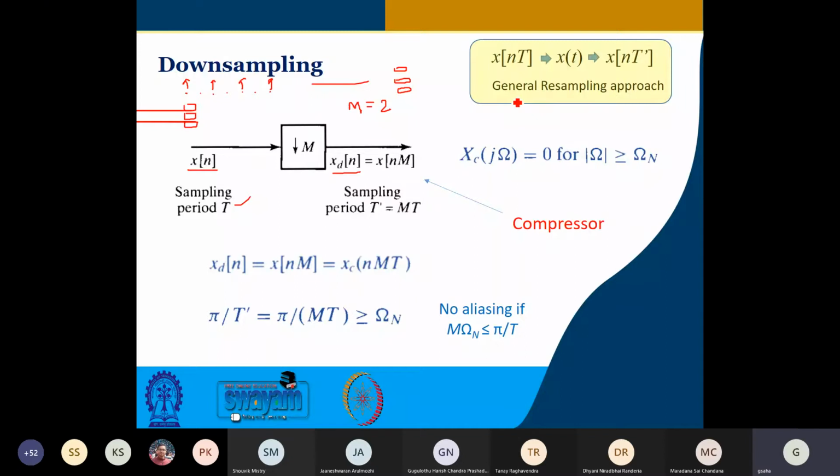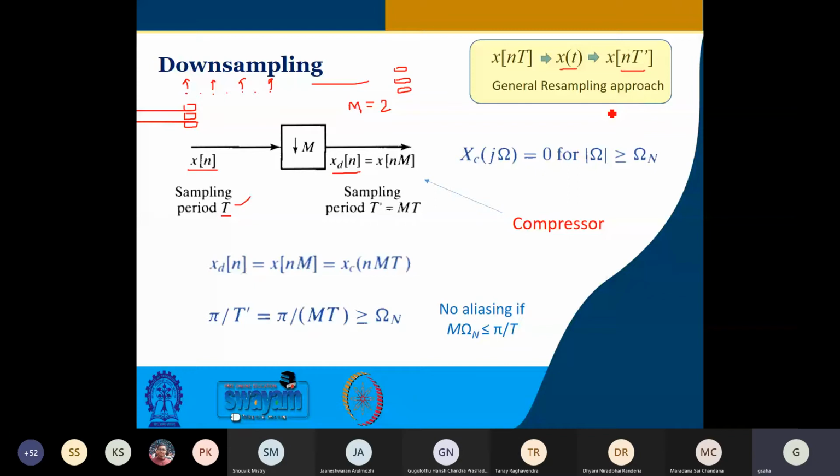Here we mention the general resampling approach. What does it mean? You have the original signal, sampled at a sampling interval capital T. We already know the reconstruction, how to do reconstruction by interpolation, by passing it through an ideal low-pass filter. So we get x(t) and then we resample it.